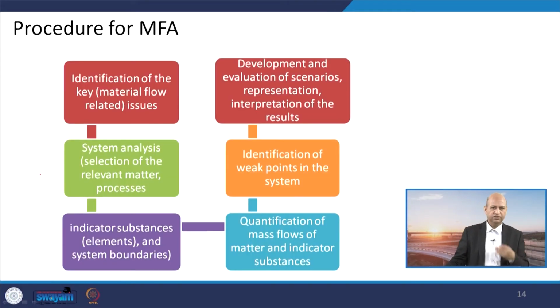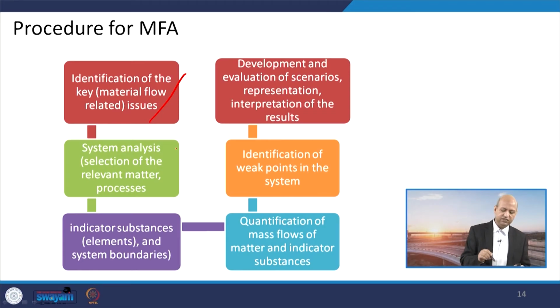So, the procedure which we carry out, for example, you have seen in terms of EIA or LCA also. First of all we identify the key mass material flow related issues. What are the important issues which are related to material flow. So, we have to first identify that, like we do problem definition in certain cases.